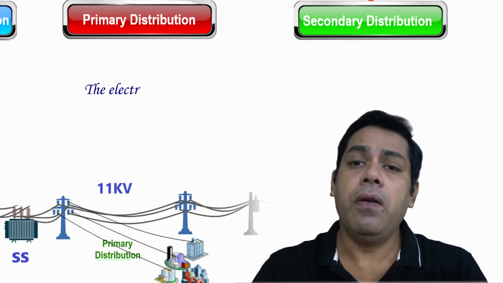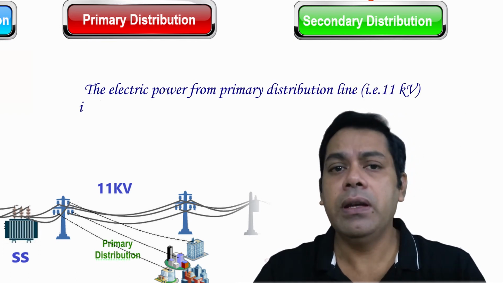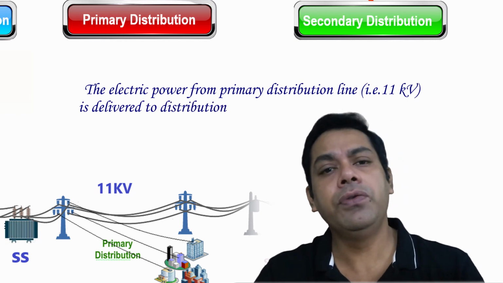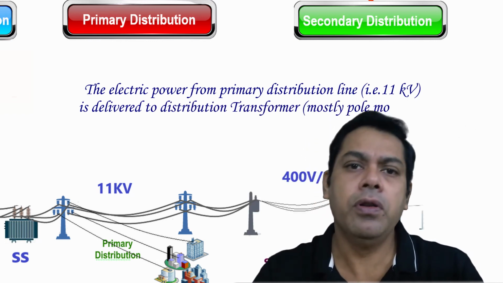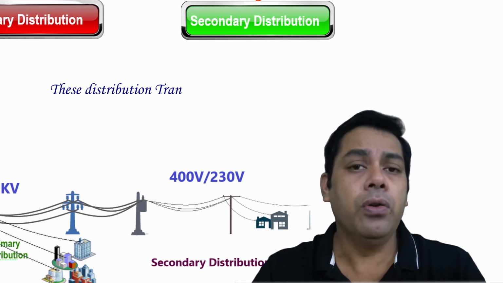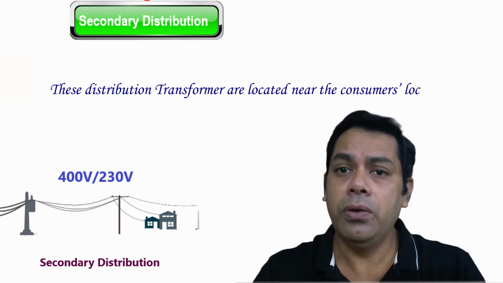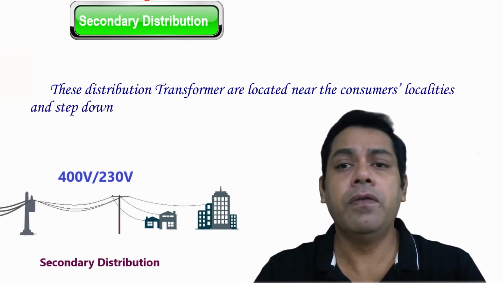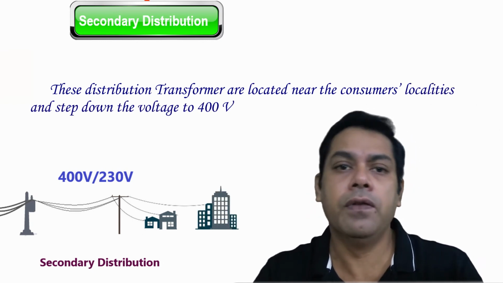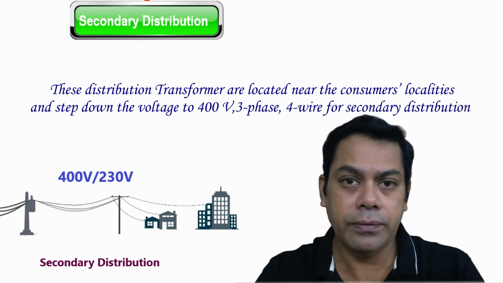The electric power from the primary distribution line, that is 11 kV, is delivered to the distribution transformer, mostly pole mounted. These distribution transformers are located near the consumers' localities and step down the voltage to 400 volt, three-phase, four-wire for secondary distribution.